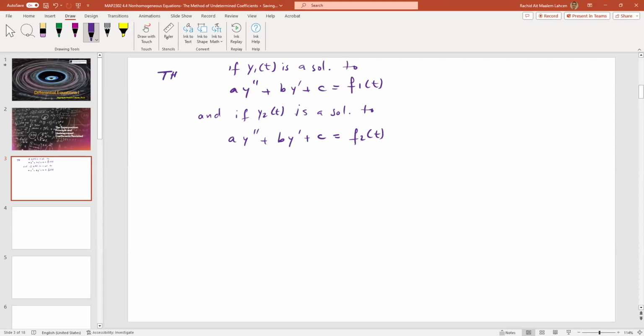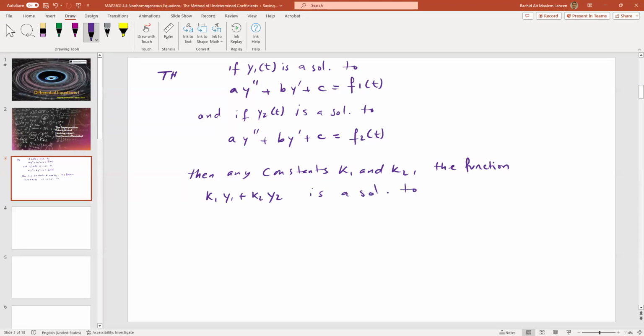Then for any constants k sub 1 and k sub 2, the function k1 y1 plus k2 y2 is also a solution, but to this differential equation: same thing on the left-hand side, but the right-hand side is that combination.